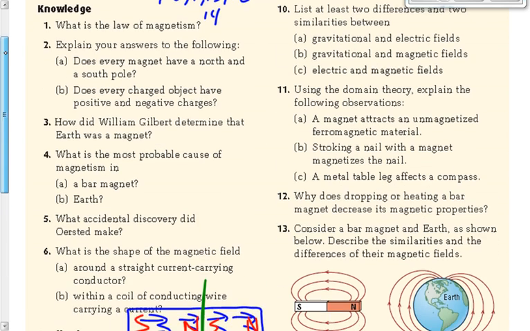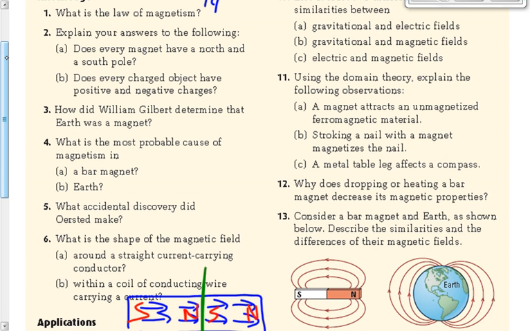Number 11. Using the domain theory, explain the following observations. A magnet attracts an unmagnetized ferromagnetic material. Well, here's my magnet. It's got the domains aligned. Here's my non-magnet, my ferromagnetic material with the domains pointing in seemingly random directions here.